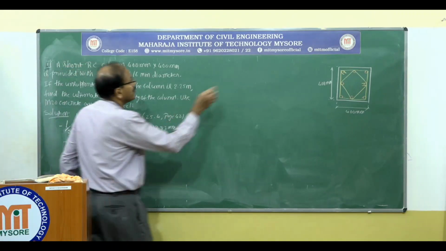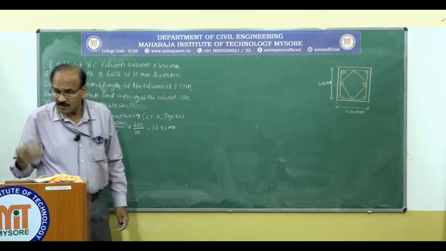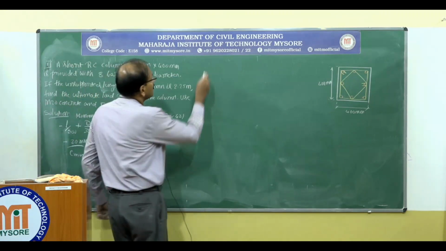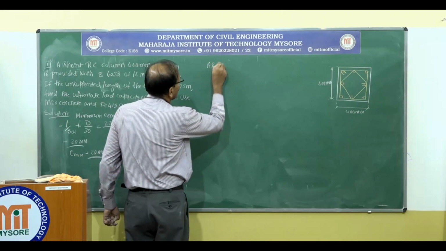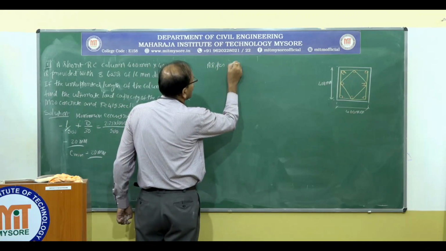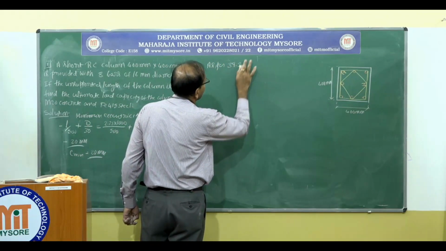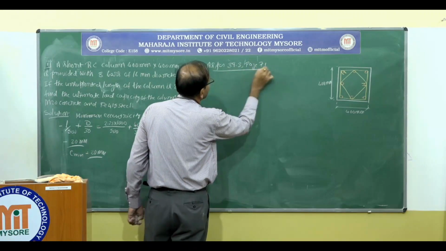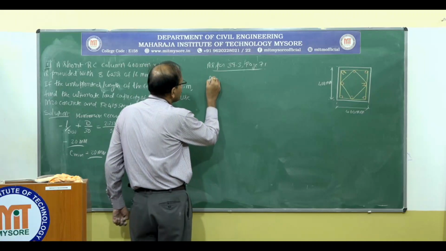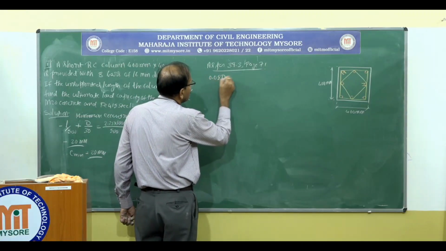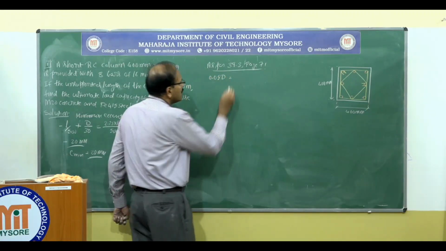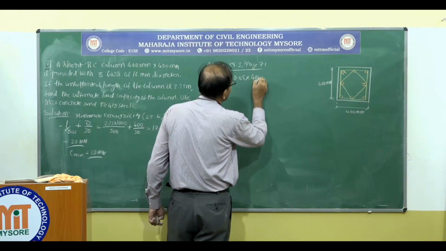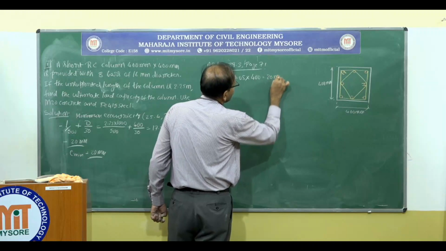So as per this 39.3, page 71, 0.05D equal to 0.05 into 400, that is equal to 20 millimeter.